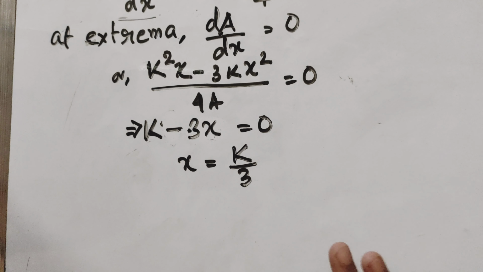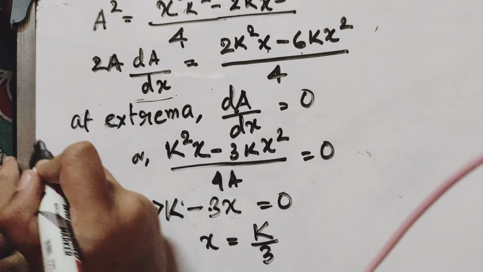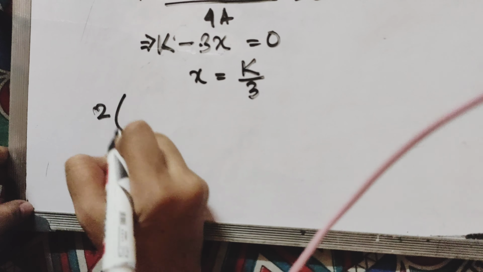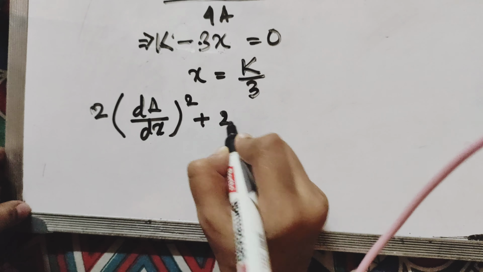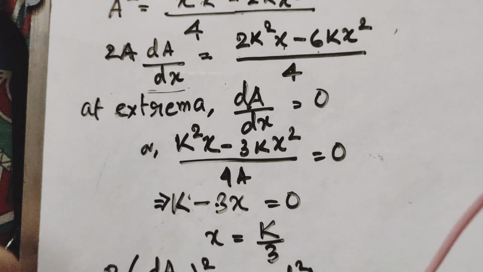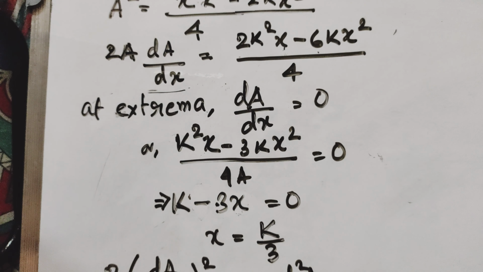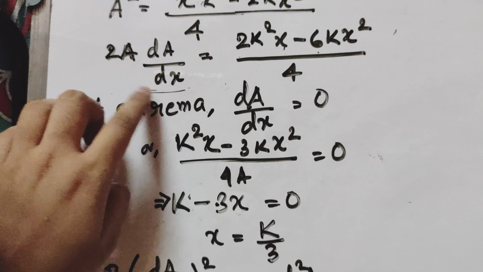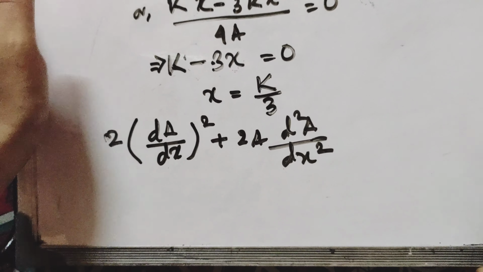Now, differentiating both sides with respect to x again, that is the second order derivative. From here, we get (dA by dx) whole square plus 2A d square A divided by dx square, because first we keep this term constant. The derivative of dA by dx is d square A by dx square, and the derivative of A is dA by dx, so that is (dA by dx) whole square.